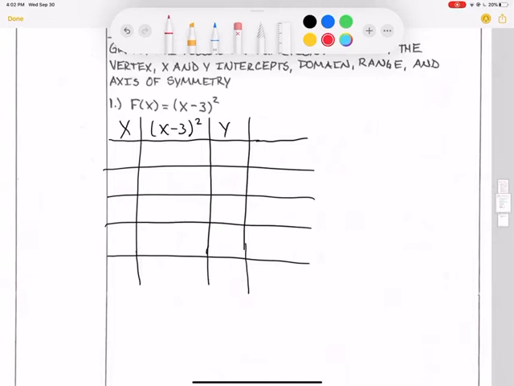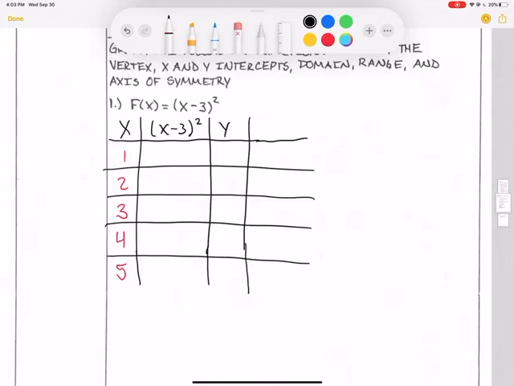To choose a value where x minus 3 equals 0, 3 minus 3 is 0, so my middle number is going to be 3. And then I would pick numbers on either side of that. So going in a negative direction, I would have 2 and 1. Going in a positive direction, I would have 4 and 5.